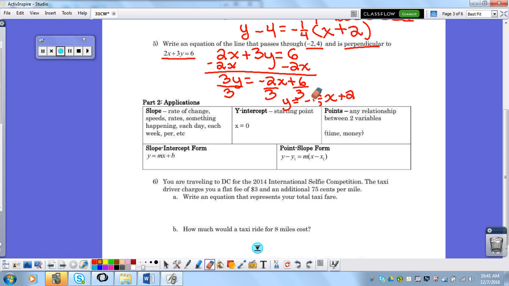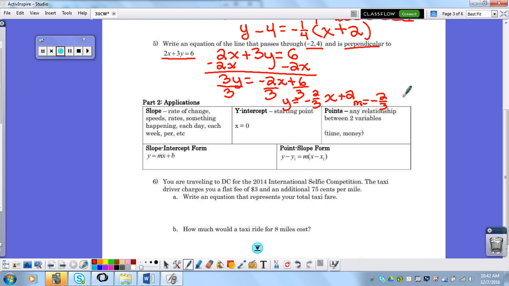Sorry guys, that 3 was not pretty, so let me fix that. So again, your slope is negative 2/3 x plus 2. Now, if you notice, it is in slope-intercept form. So now what you can do is figure out what your slope is. So the slope of the line is negative 2/3.